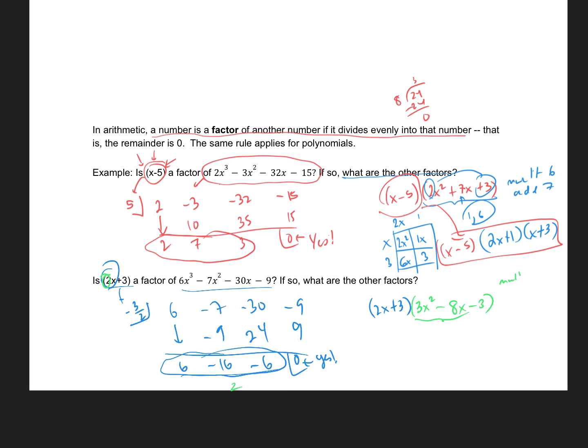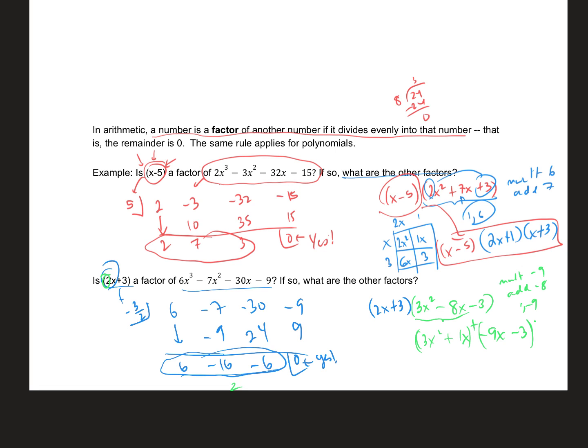So I want two numbers that multiply to give me negative 9 and add to give me negative 8. There are two numbers that do that, 1 and negative 9. And then I might solve this one by grouping because I did the other one by the box. So 3x squared, and you can write 1x and negative 9x in either order. I'll do it as 1x, I guess, minus 9x, minus 3. I group the first two together and the second two together with a plus in between them.